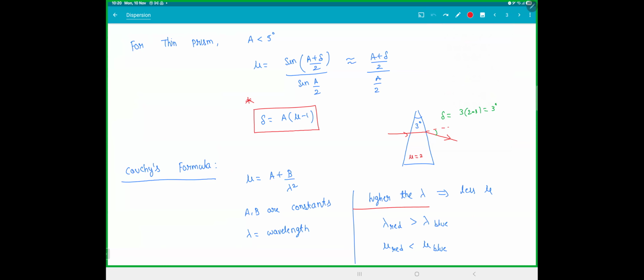That means higher the wavelength, lesser the refractive index. So light of different colors will have different refractive index. Who has the highest wavelength? Red. That means mu of red is the least. Clear with this?